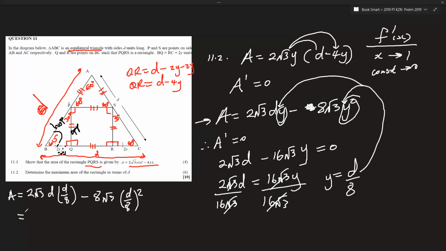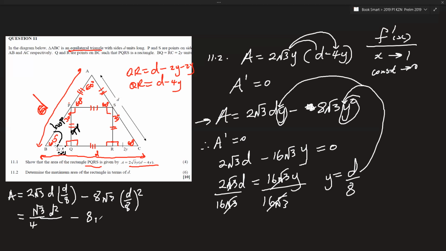Now I just need to simplify this. This and that gives me 1 over 8 root 3. If you take this number and divide it by 8, because 8 is at the bottom, it will give you root 3 over 4, d times d squared. Then minus, here I need to do this first.